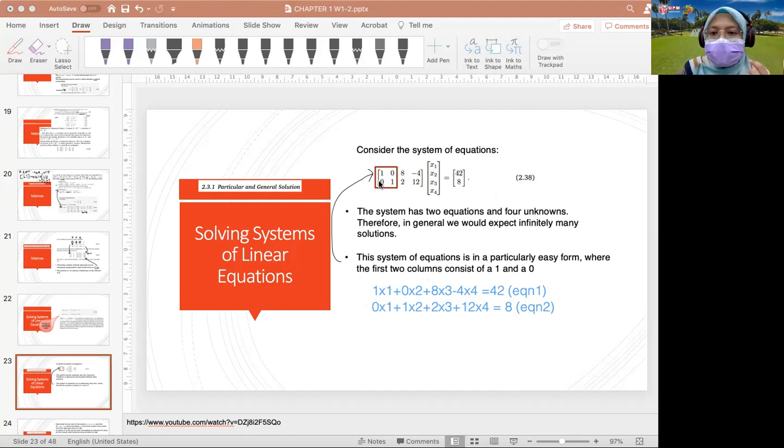Because if you notice here, we have what we call an identity form for the first part, the first two columns here. We have 1 0 and 0 1. Whenever you find a linear equation problem in this form, we can consider that problem exists in a simple form.